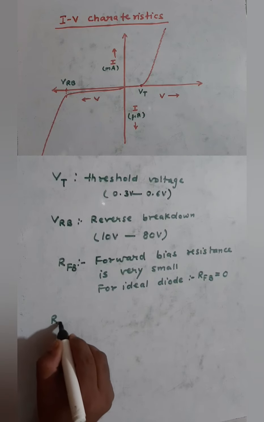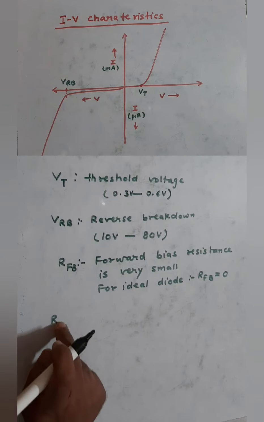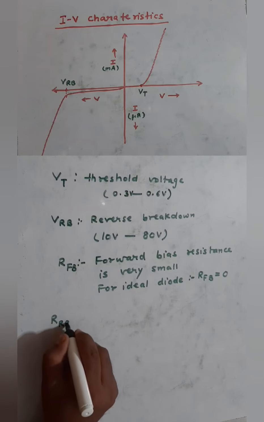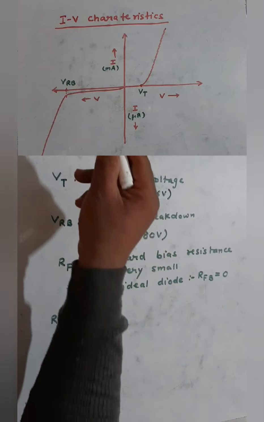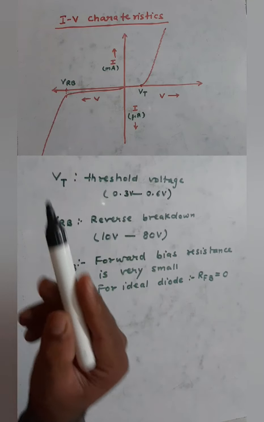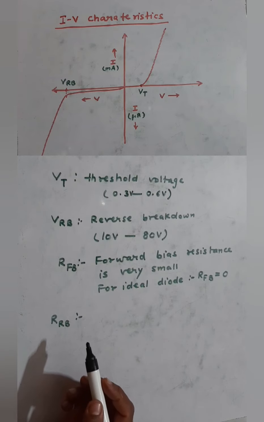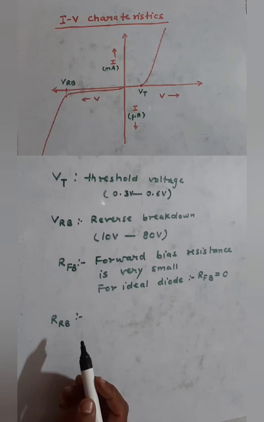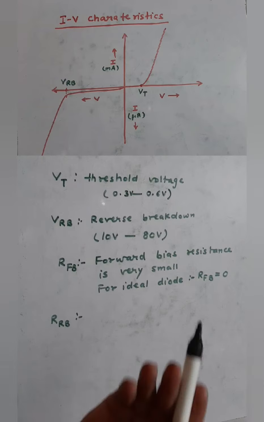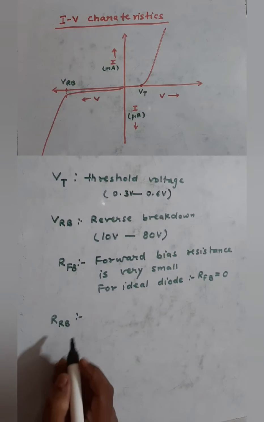Similarly, the resistance of the diode in reverse bias, you can see from the picture, is quite large. For a large voltage, the current is still not there, and obviously we are referring to the region before the breakdown.